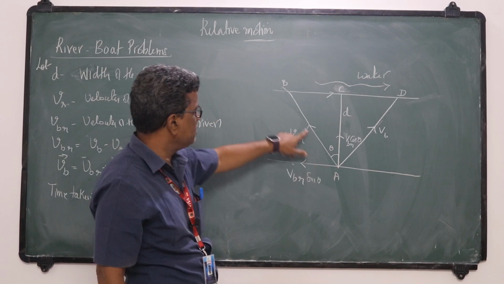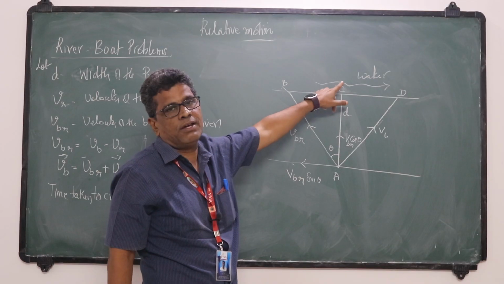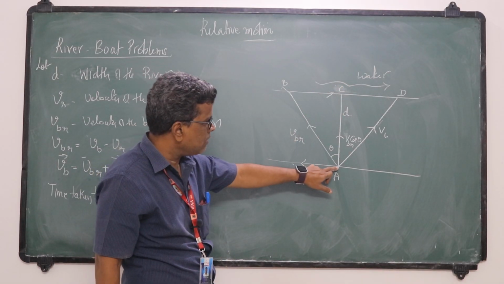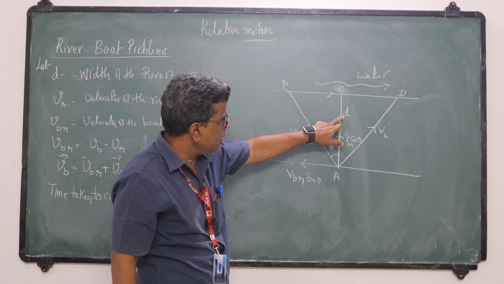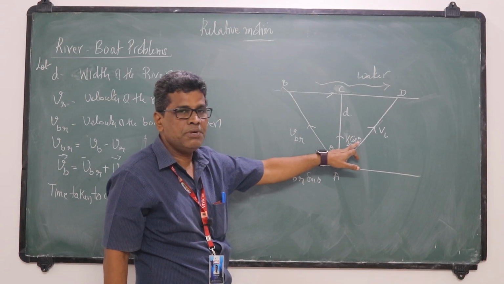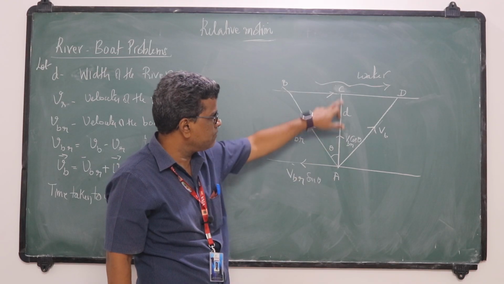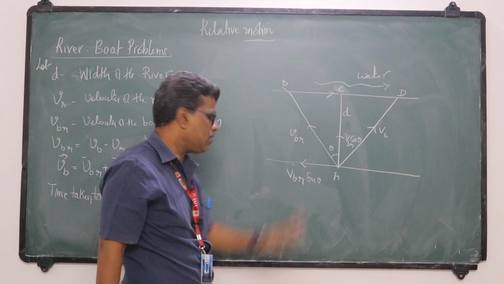He is swimming in this direction with respect to the river. He wants to cross the river. How much time will it take? So you use this formula. Here the distance is d, divided by the velocity component in this direction, that is VBR cos theta. So you apply the formula, displacement in this direction by velocity in this direction, VBR cos theta.